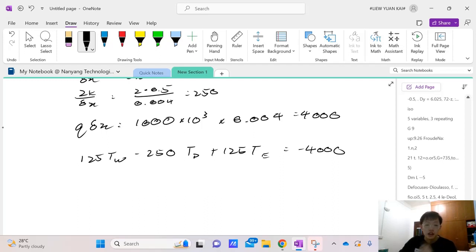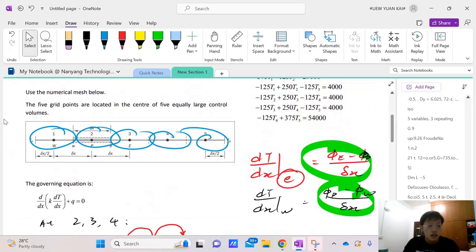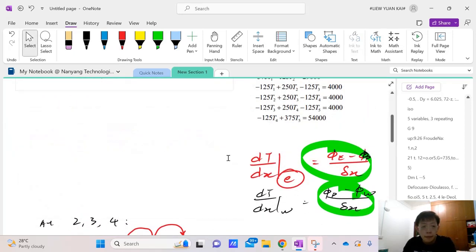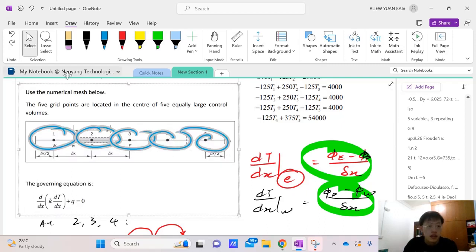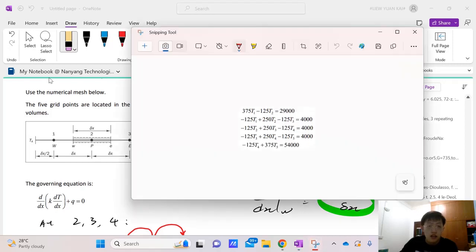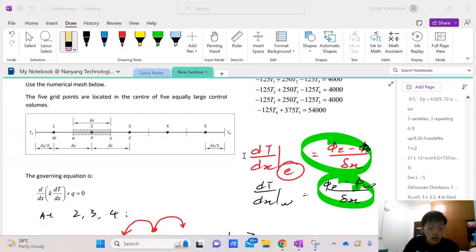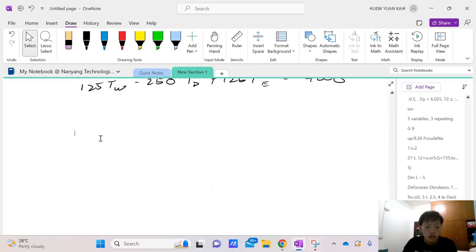Okay, so now that we have the general template for the internal nodes, which are nodes 2, 3, and 4, we can use this and substitute it in. So what do I mean? Let's have a look.